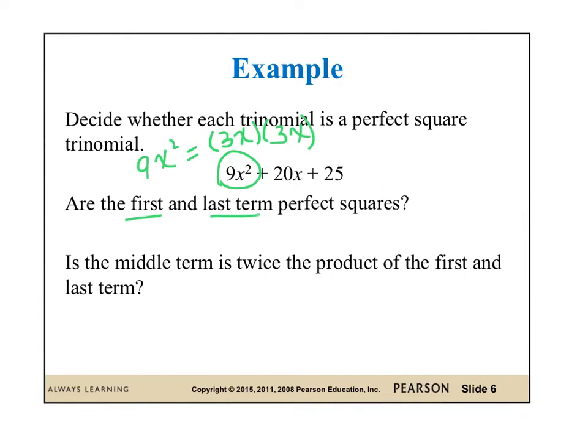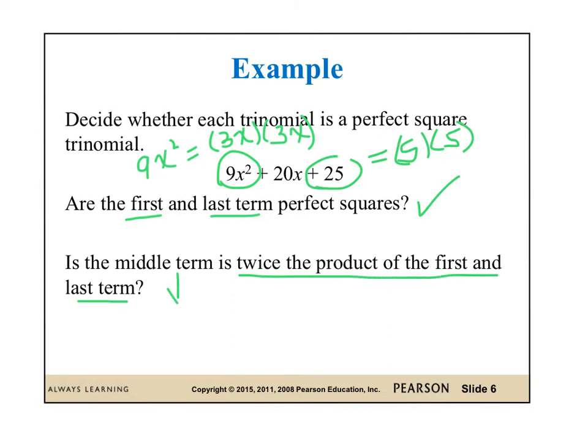And the last term, which is 25, is equal to 5 times 5. So, yes. Is the middle term twice the product of the first and the last?